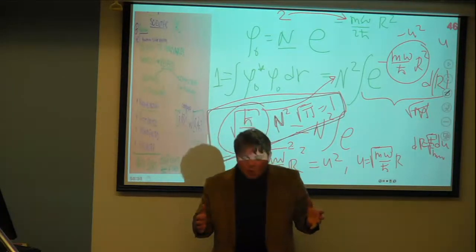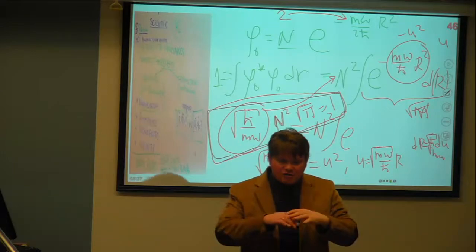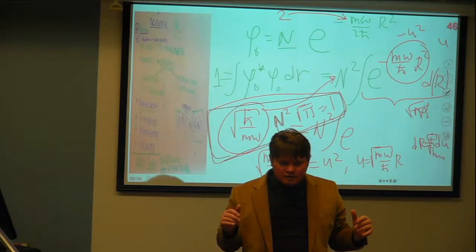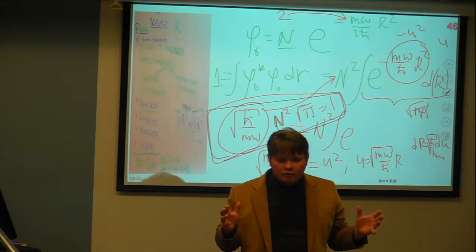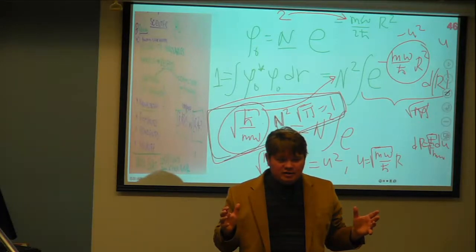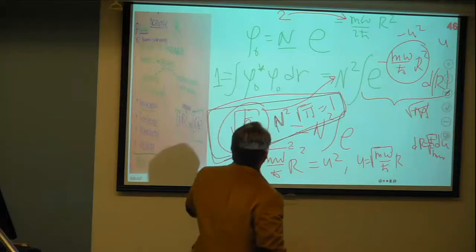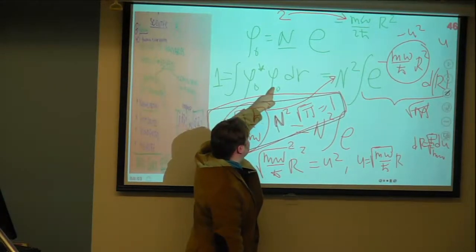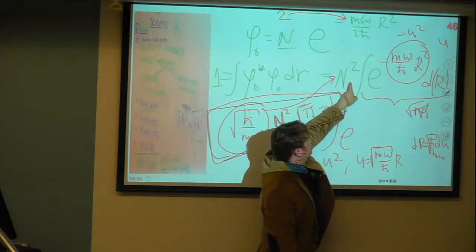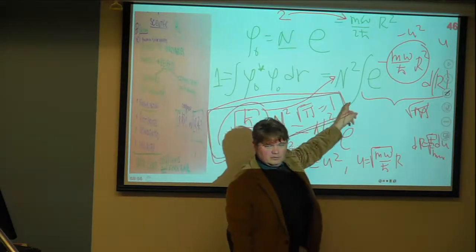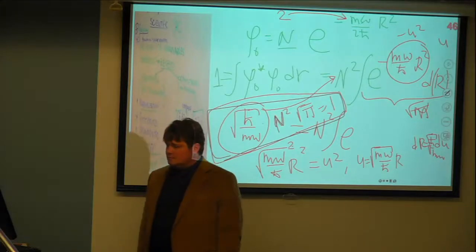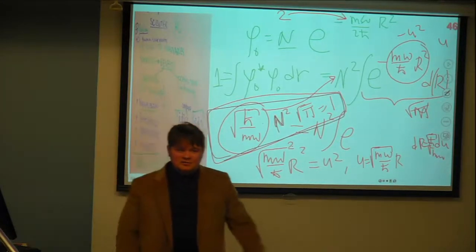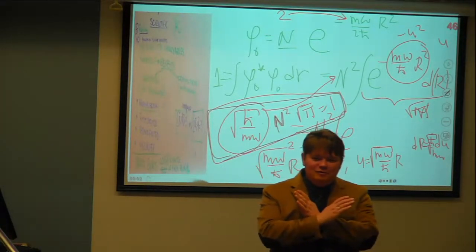Although we already know the functional form of the ground state, we do not know the normalization constant. We will need to multiply the function conjugated by itself, integrate, and make sure that the result is equal to 1. So this will solve it. Okay, done for today. Looking forward to seeing you on Wednesday.